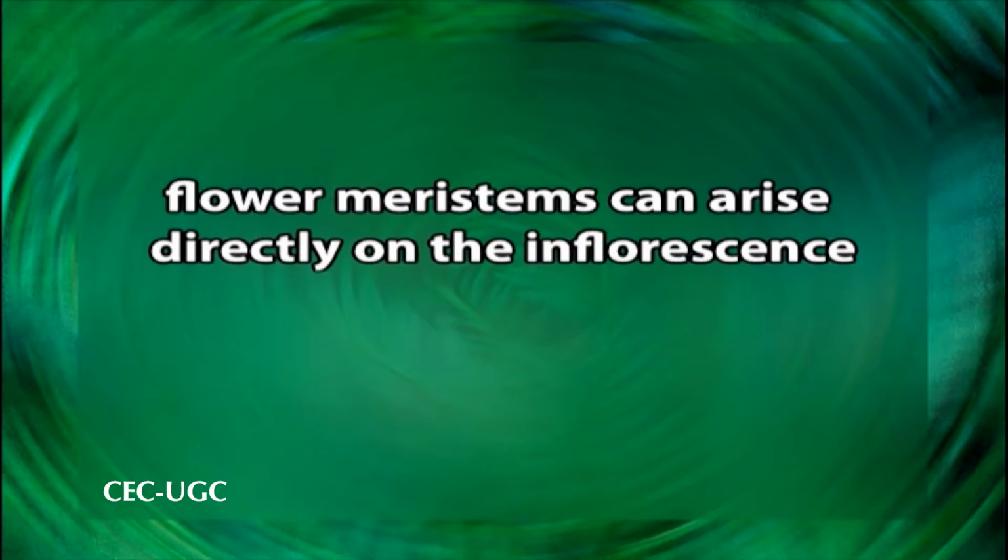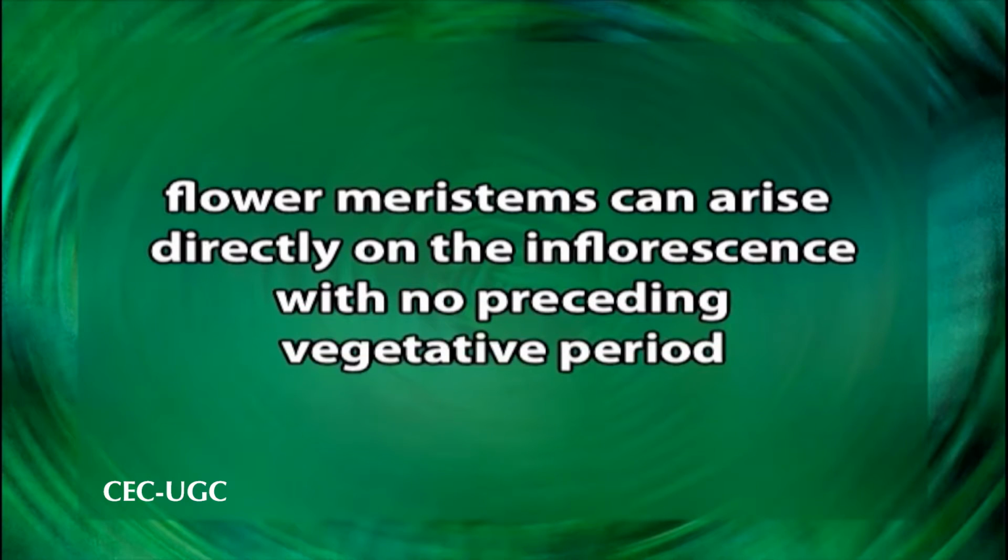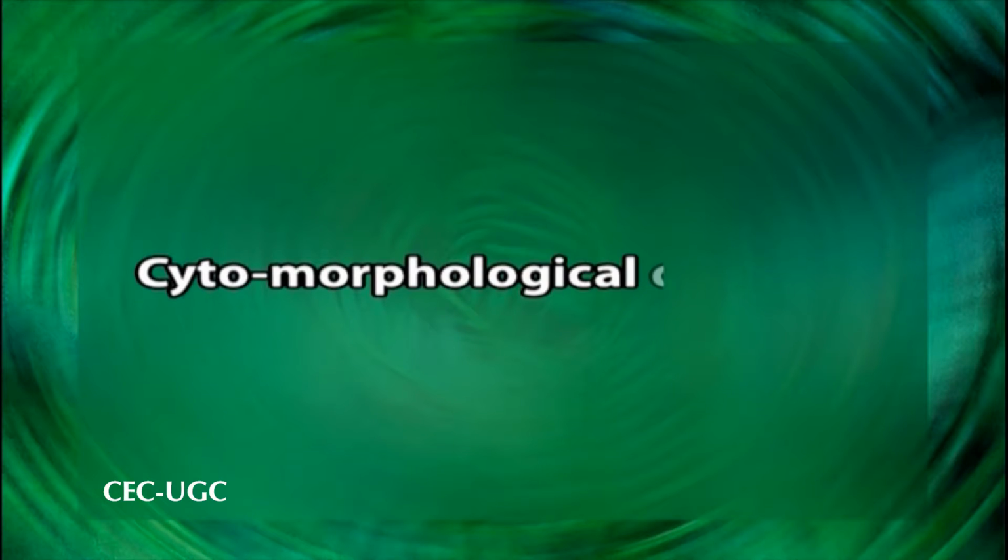In the case of inflorescences, the vegetative shoot apical meristem is converted to an inflorescence meristem, and then flower meristems can arise directly on the inflorescence with no preceding vegetative period. Thus, these meristems go through a number of changes to become floral meristems. Cytomorphological changes in shoot apical meristem.